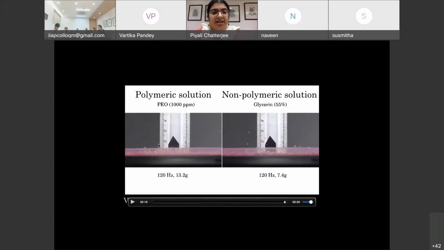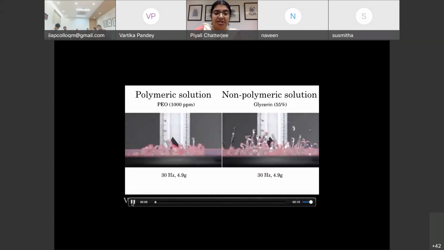Now, the good thing here is both these solutions have the same viscosity until you try to stretch them. The glycerin is a Newtonian fluid, in this case a glycerin solution, basically 55% glycerin in water. That has the same viscosity as the polyethylene oxide solution, 1,000 parts per million of polyethylene oxide.